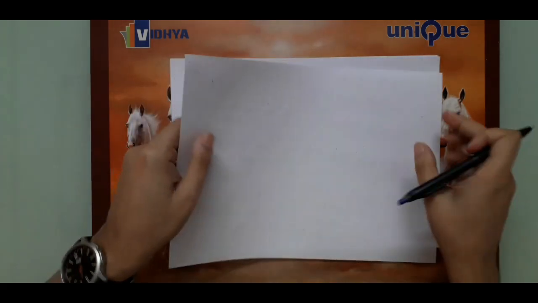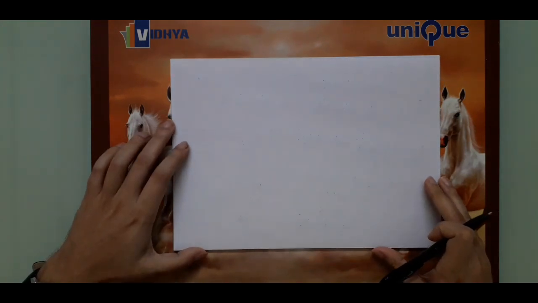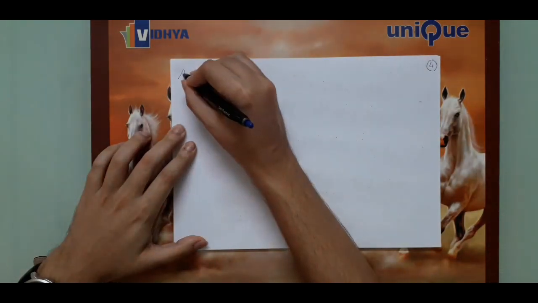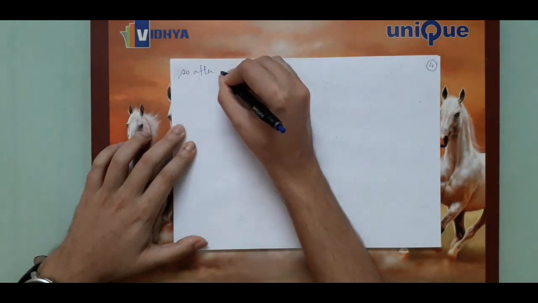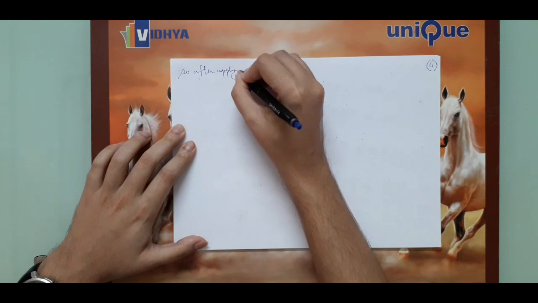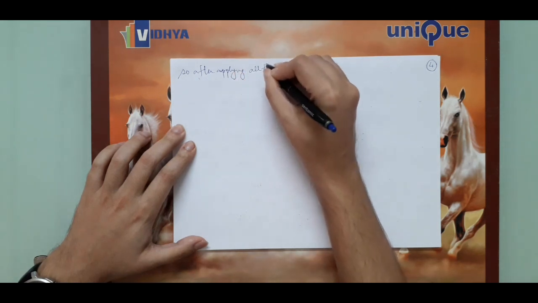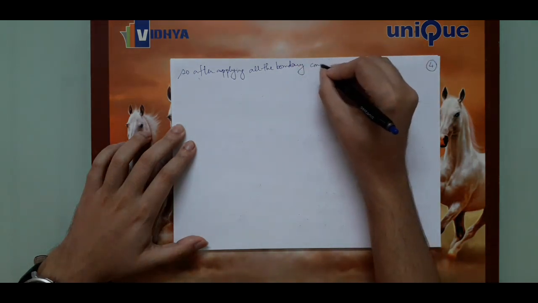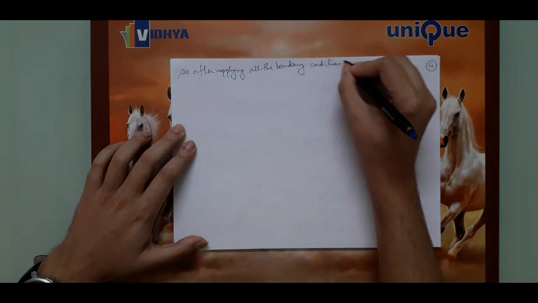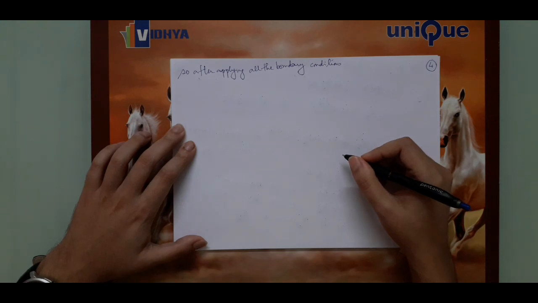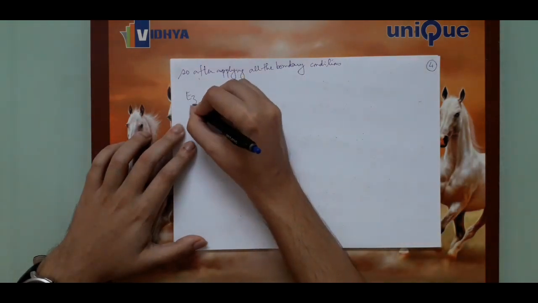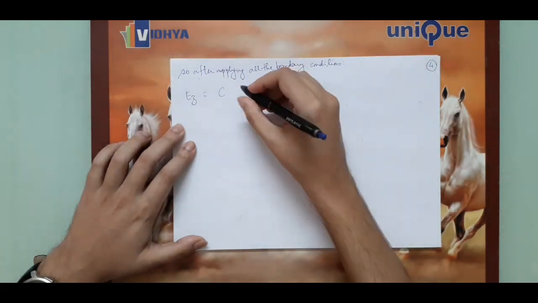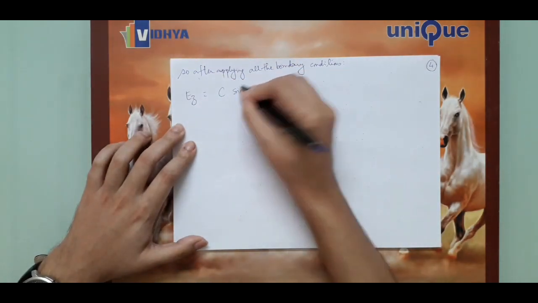So we get Ez is equal to some C times sine of Ax.